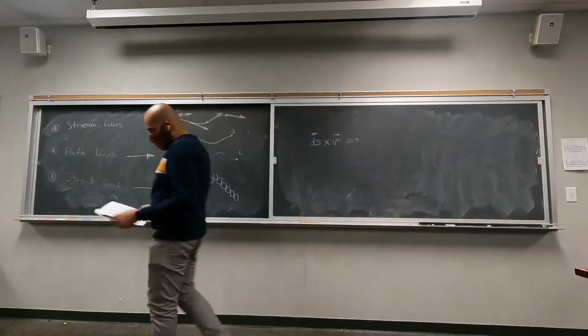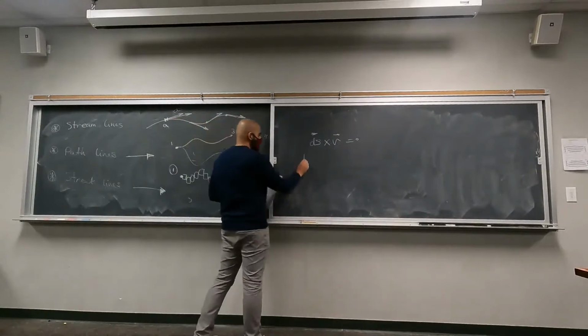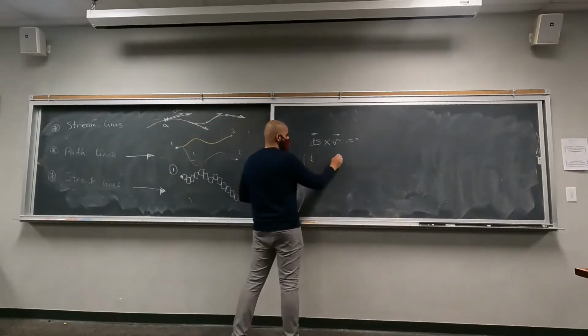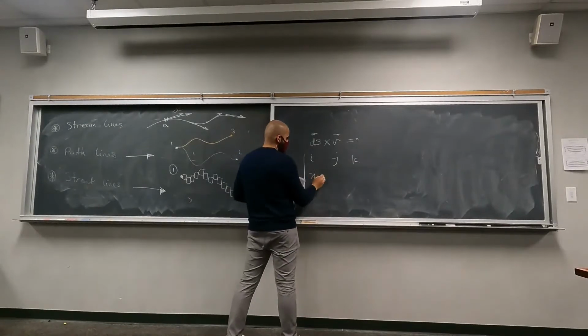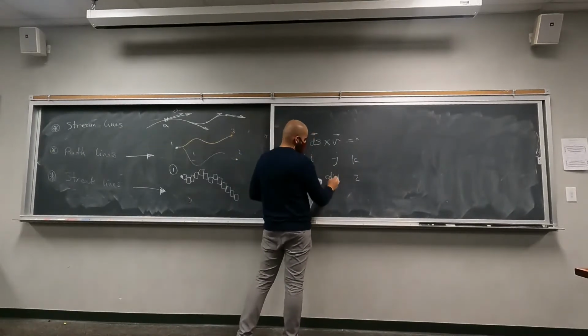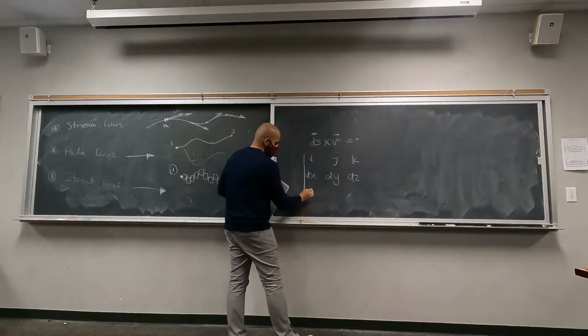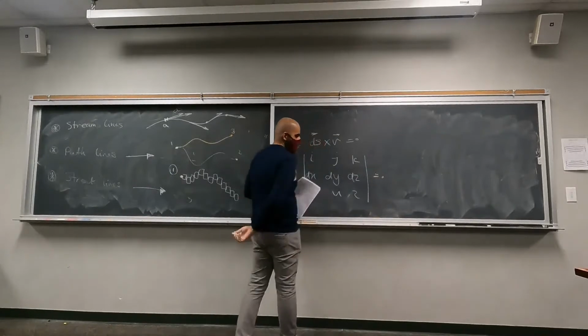Okay. So if you recall, the cross product of ds and v in the Cartesian coordinate system was the determinant of dx, dy, dz, u, v, w. This has to be equal to 0.